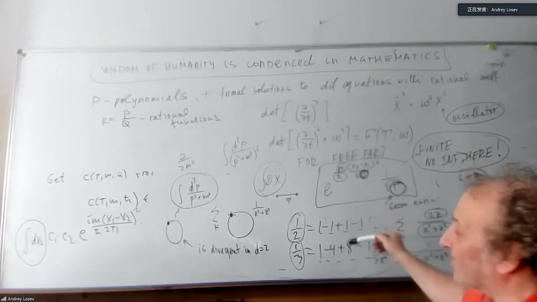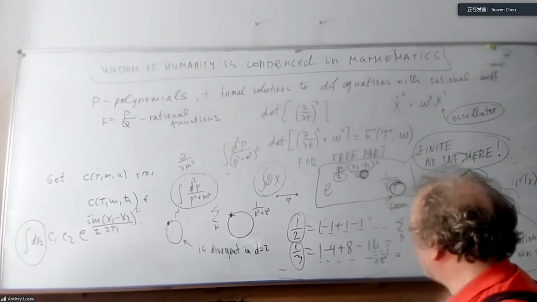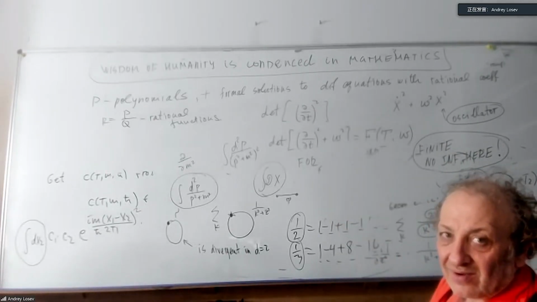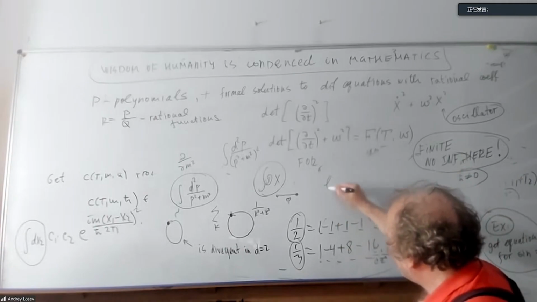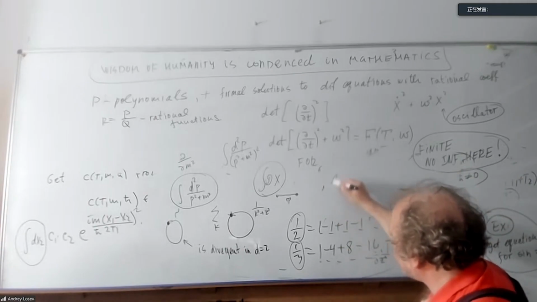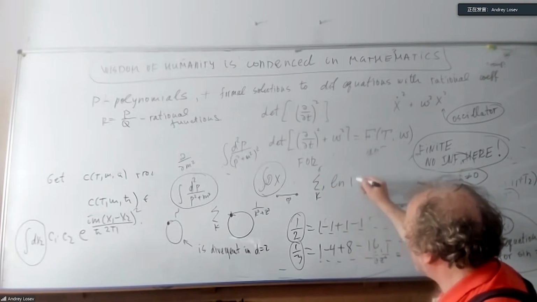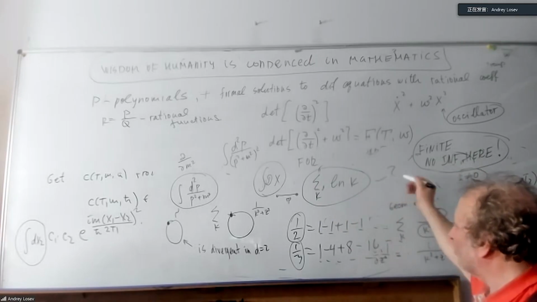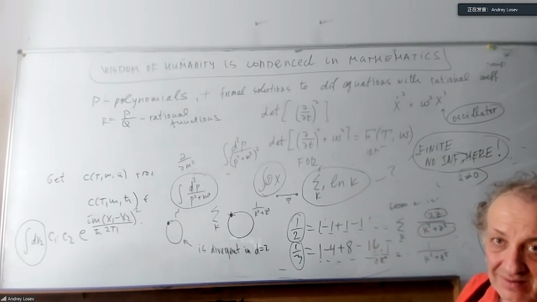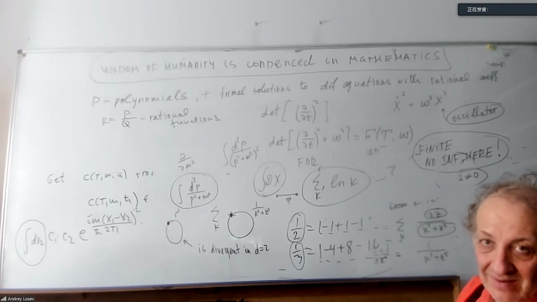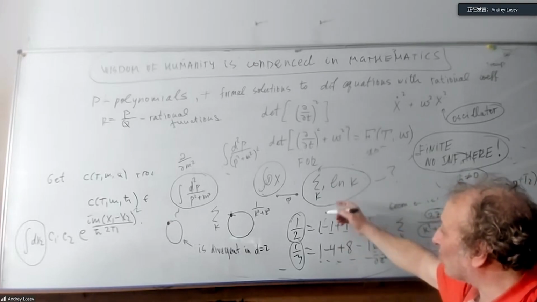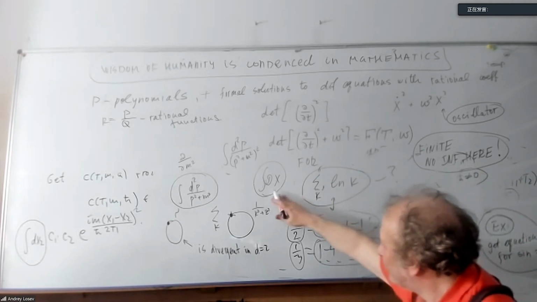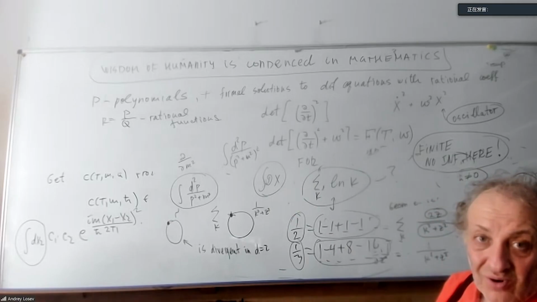When we do things naively, we have sum over k logarithm k. What the hell is this? So this is as crazy as this. However, the answer would be pretty finite.